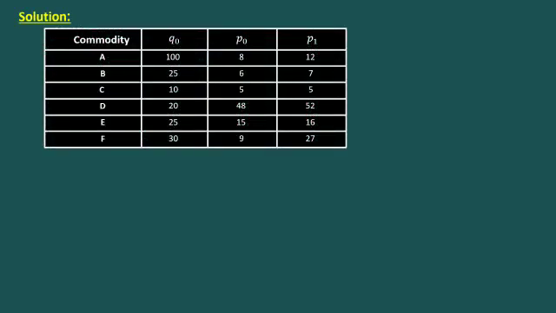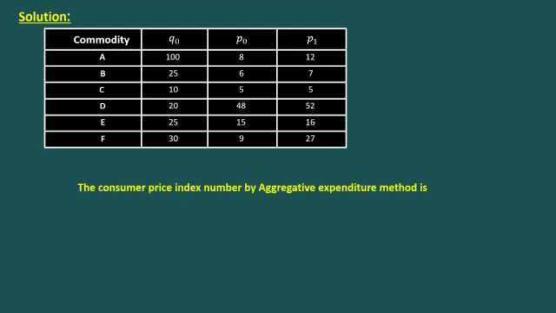We denote base year quantity by Q0, base year price by P0, and current year price by P1. The formula for consumer price index number by aggregative expenditure method is CPI is equal to summation P1 Q0 divided by summation P0 Q0 into 100.